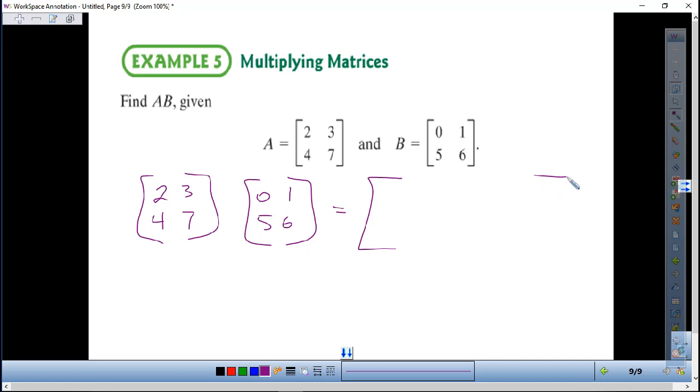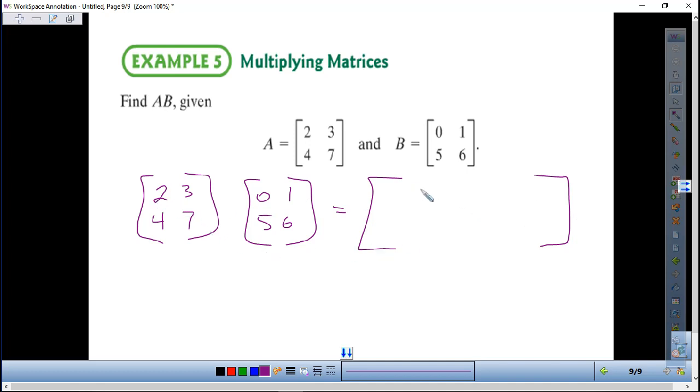Now, I'm still going to end up with a 2 by 2, and we'll talk more about that in just a second as to why I know that. But here's the thing. You're going to need more room because you're going to have the sum of these products in every single one of the elements.